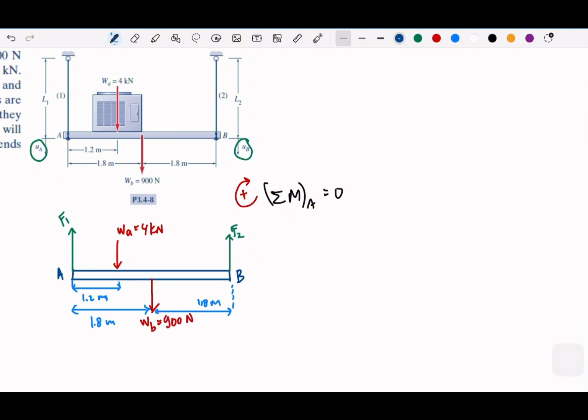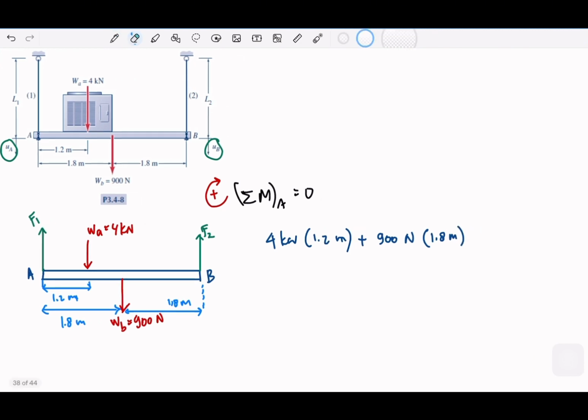So sigma moment with respect to A: we have WA, or let me just use the 4 kilonewton, times 1.2 meter, and then we have 900 Newton times 1.8 meter, equaling F2 multiplied by 3.6 meter.